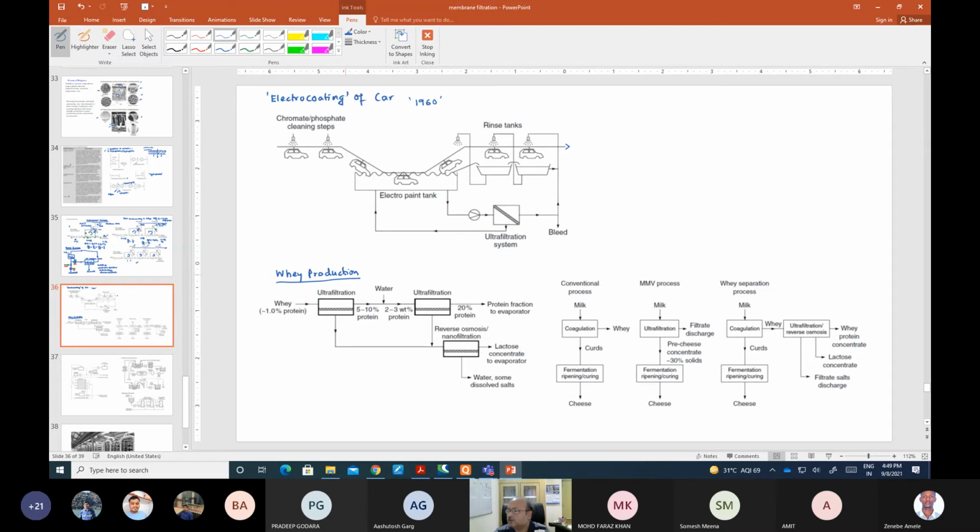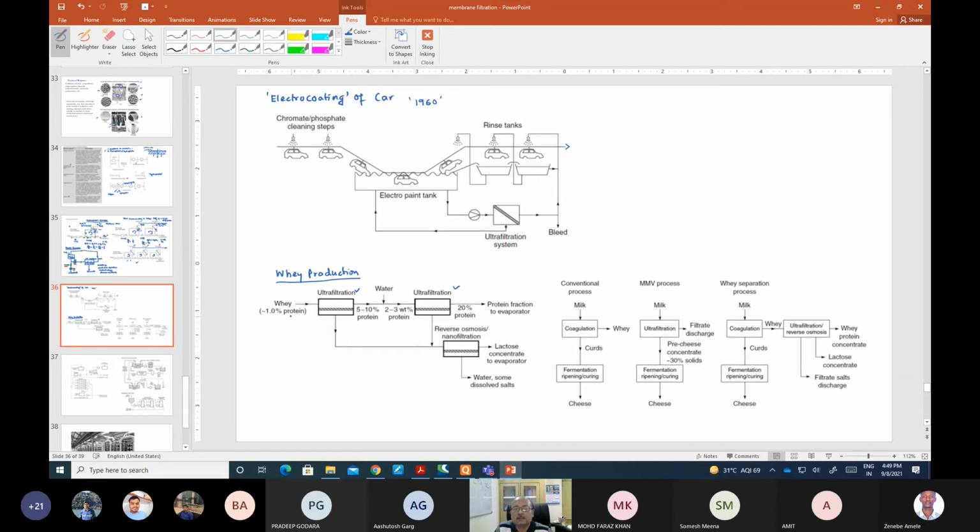The objective of the two membrane process that is shown here is to increase the fraction of the milk protein. So you can see this is ultrafiltration here and ultrafiltration process. And why do we do the ultrafiltration? This whey contains 1% of protein, and otherwise if we don't treat it, this goes to the drain, and then there is a lot of biological BOD problem in the water that we produce.